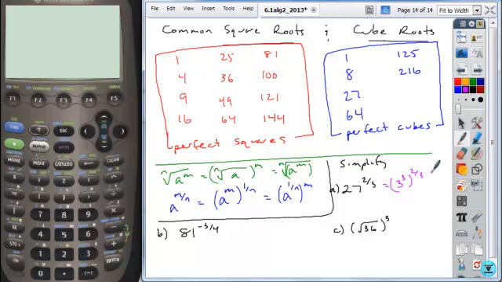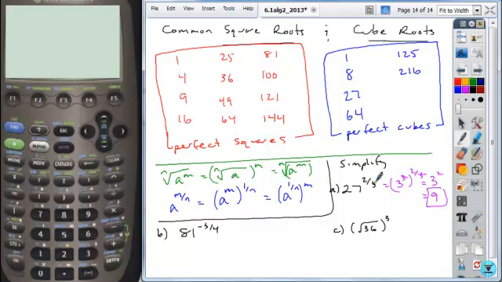So what you could do is think of that as 3 cubed to the power of 2/3. And then what happens when you take a power to a power? You multiply. So this 3 and this third cancel, leaving 3 squared, which is just 9. The other way that you could think of this would be if you applied the index of 3 first.